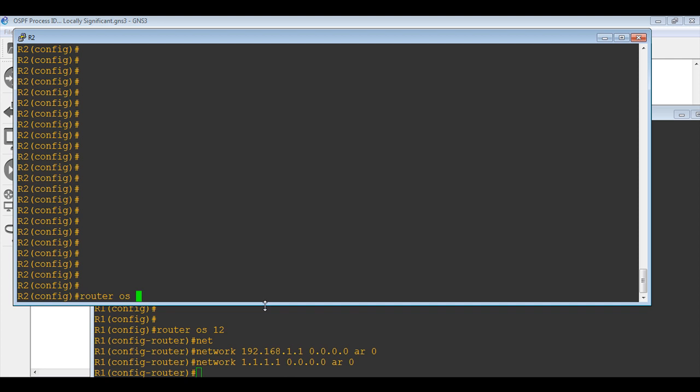Let us make it 21, and then I will advertise the network 192.168.1.2, and then the wildcard mask of 4 zeros, and then the area should be area 0, and after that I will also configure the protocol on the loopback 0 interface, so 2.2.2.2.